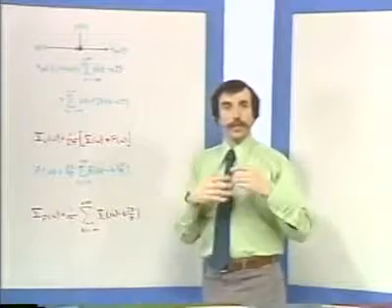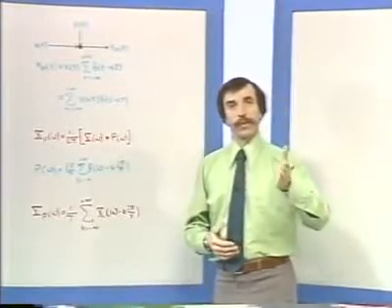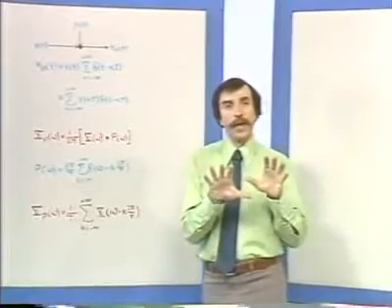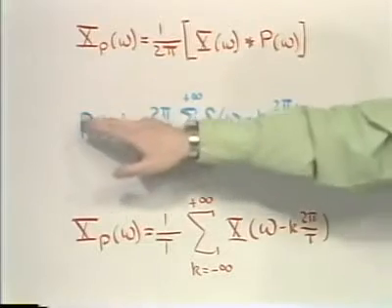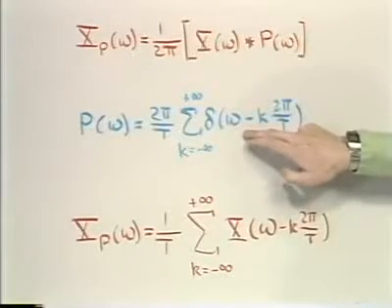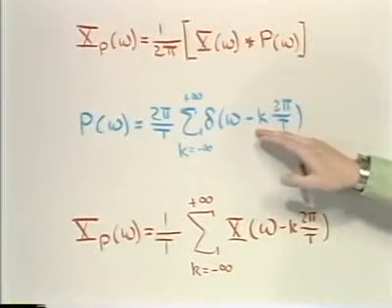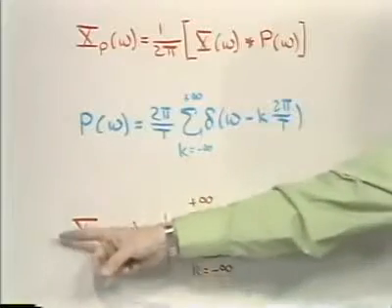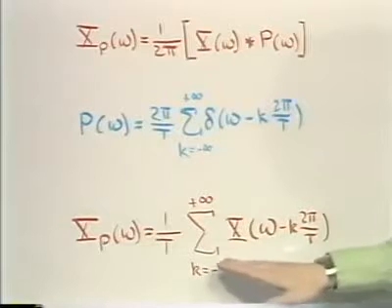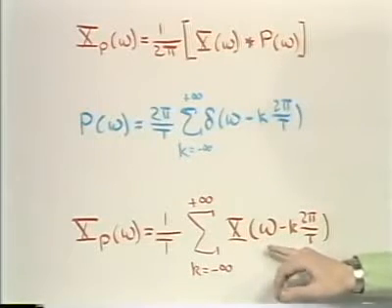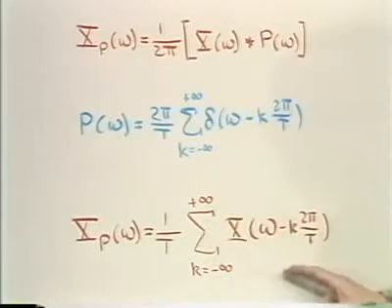Now, the impulse train is a periodic signal. Its Fourier transform, therefore, as we talked about with Fourier transforms, is itself an impulse train. And when we do this convolution, using the fact that the Fourier transform of the impulse train is an impulse train, the result tells us that the Fourier transform of the sampled signal, or the impulse train which represents the samples, is a sum of frequency-shifted replications of the Fourier transform of the original signal.